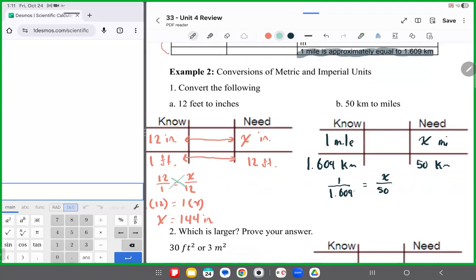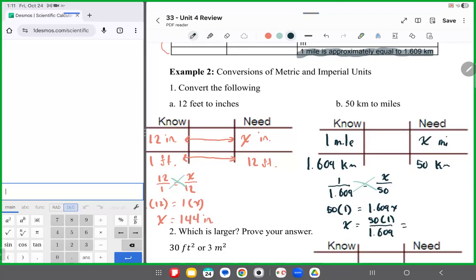Using the method of the means and the extremes, we take 50 multiplied by 1 as being equal to 1.609 multiplied by x. And so x will be equal to whatever 50 multiplied by 1 divided by 1.609 is.